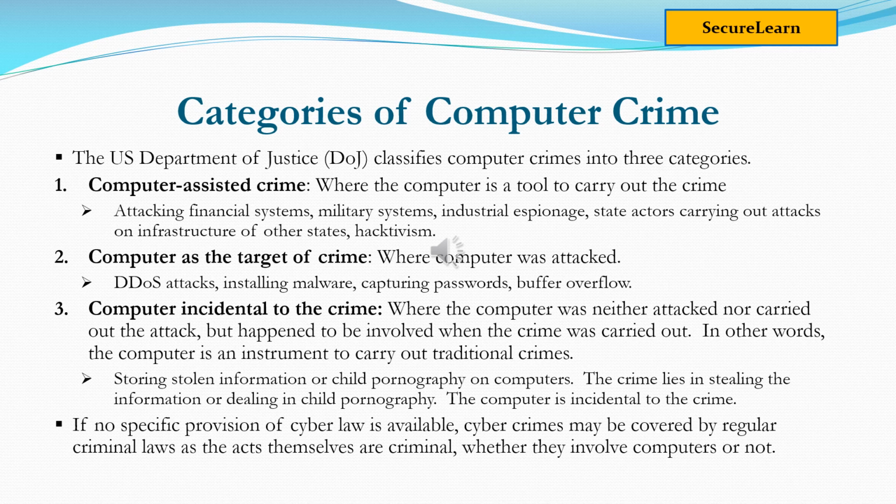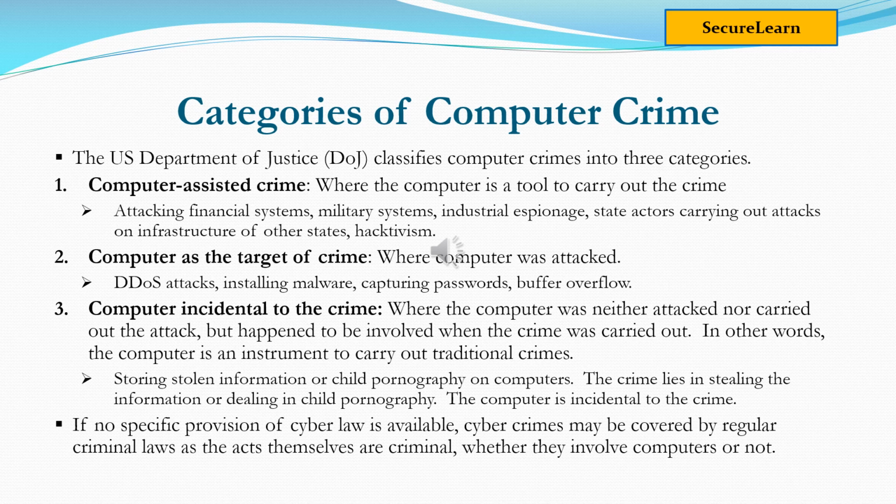Computer incidental to the crime, where the computer is neither the attacker nor the victim of the attack, but happened to be involved when the crime was carried out. In other words, the computer was an instrument to carry out traditional crimes. Examples are storing stolen information or child pornography on computers.